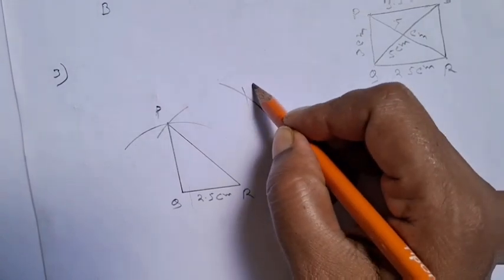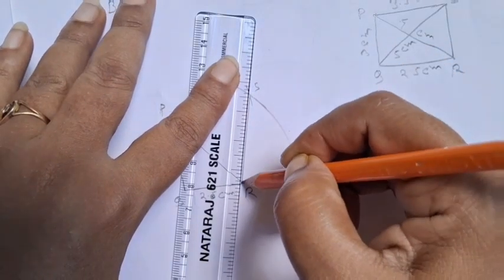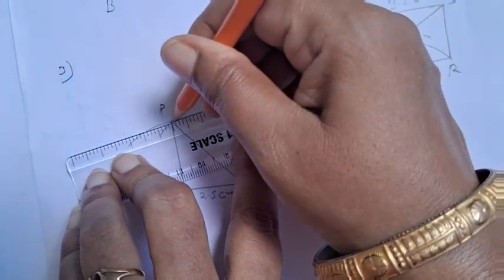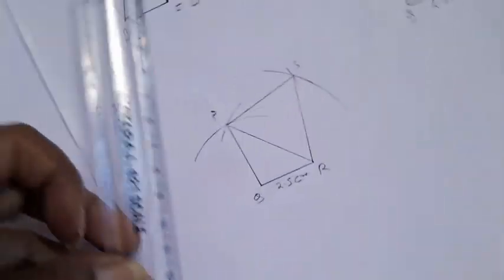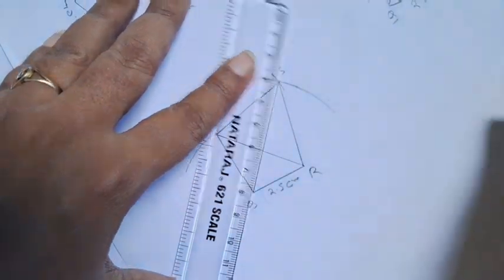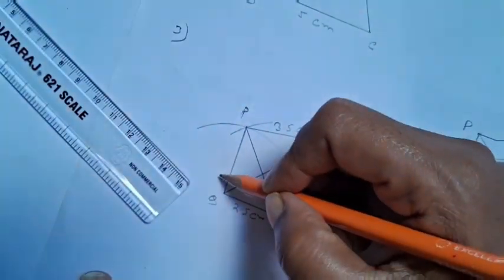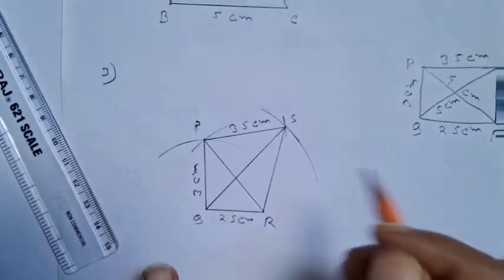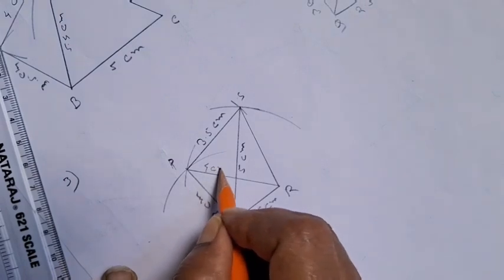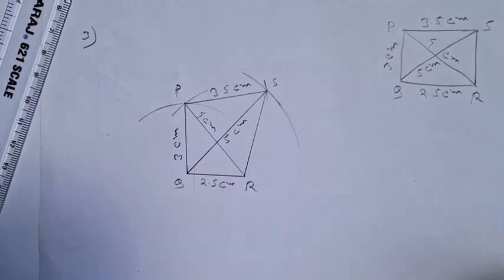This point is S. Now I join RS and PS, and then QS. PQRS is our required quadrilateral.